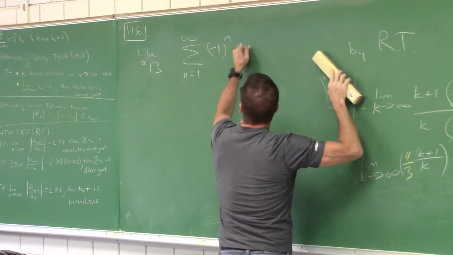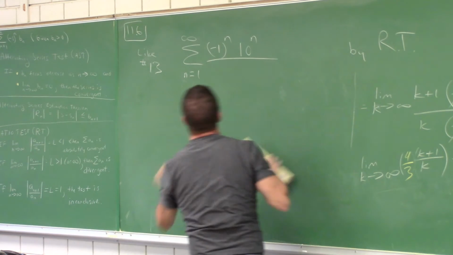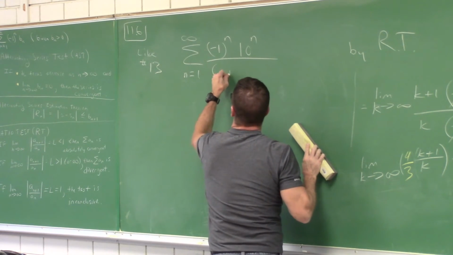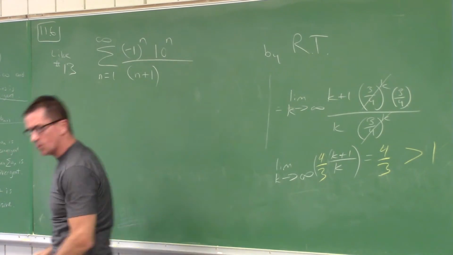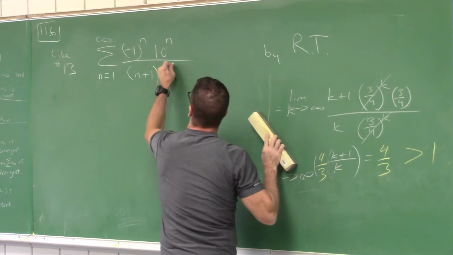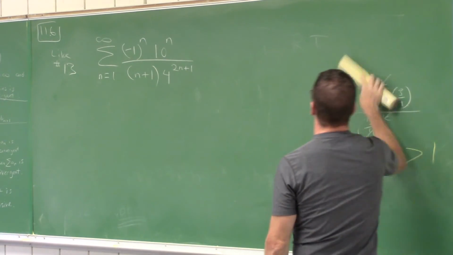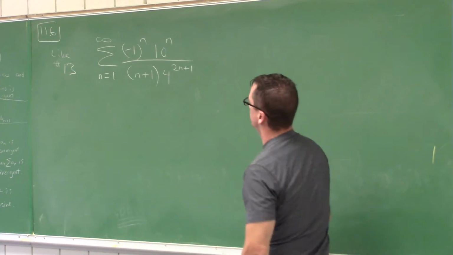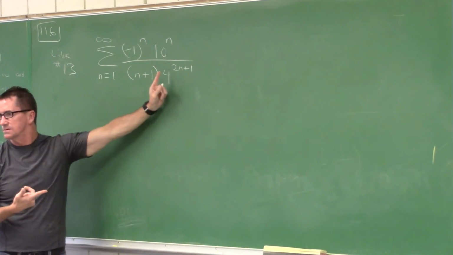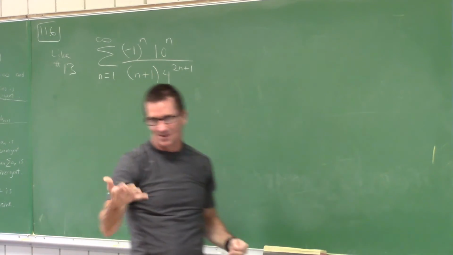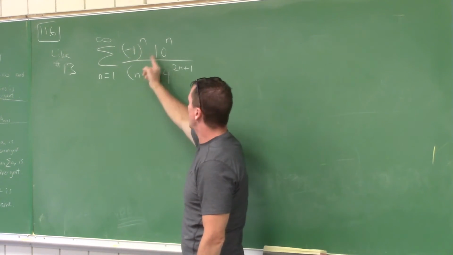It's got a 10 to the n. It's got an n plus 1 and a 4 to the 2n plus 1. My goodness. Oh, we'll get it. Okay, does anybody know how to integrate this? All right. Is that a geometric series? No, no way.